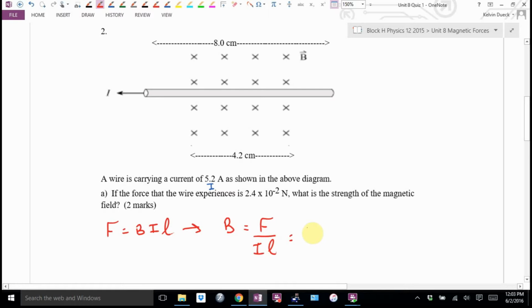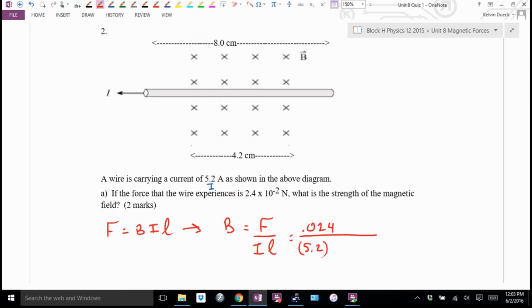The force is 0.024, 2.4 times 10 to the negative 2, but that's less writing, divided by 5.2 times which length, the 8 or the 4.2? The section that's inside the field, because that's what's experiencing the force, not the 8.